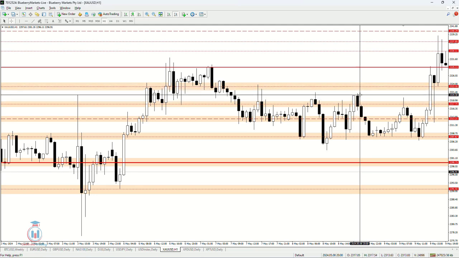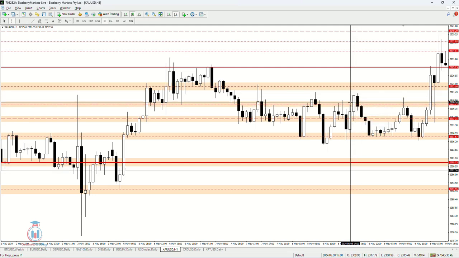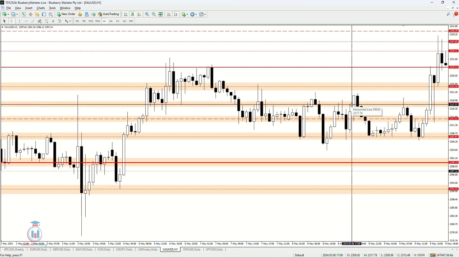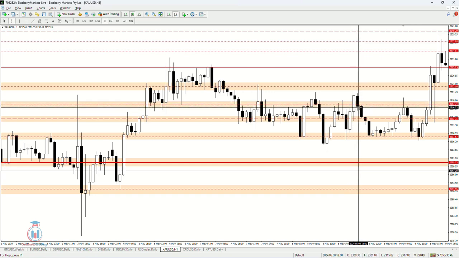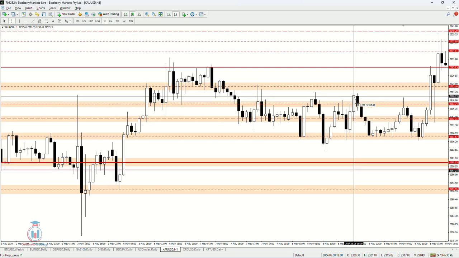Immediately after that the sellers entered the market, cancelled this breakout above the resistance and created a bearish breakout, which usually means a move in the opposite direction compared to the bullish breakout. So you can see the price immediately moved in the opposite direction and successfully reached the target profit, which is the next support level.